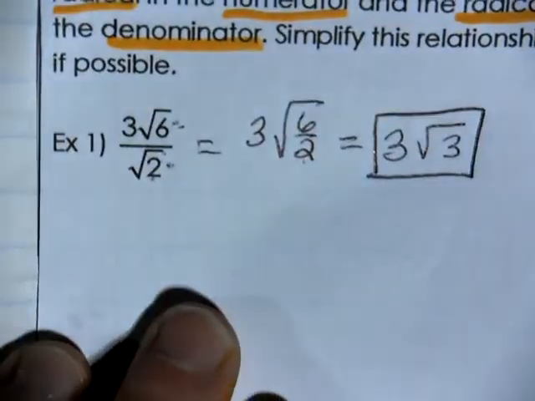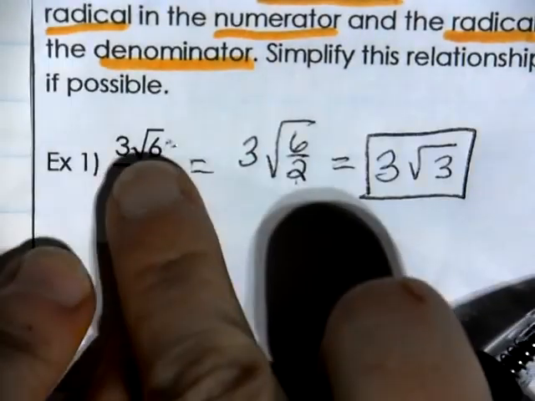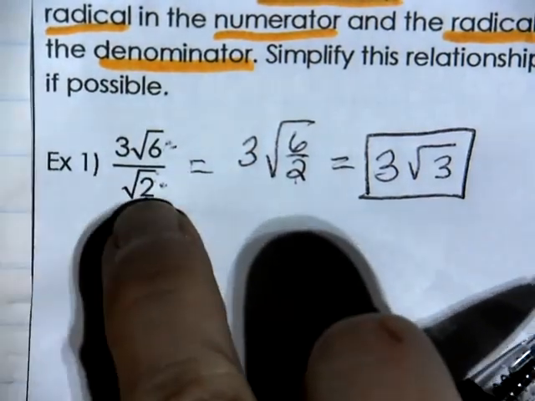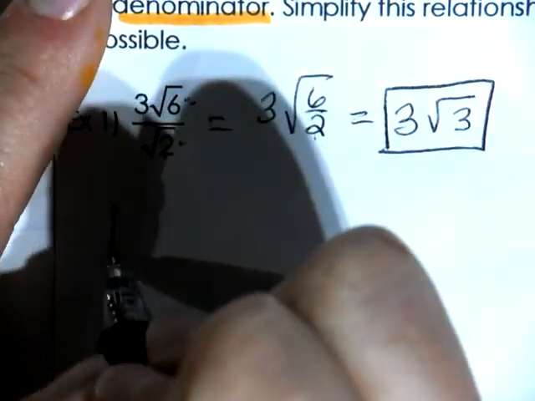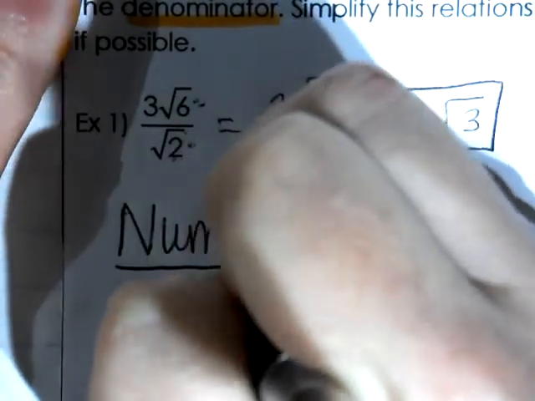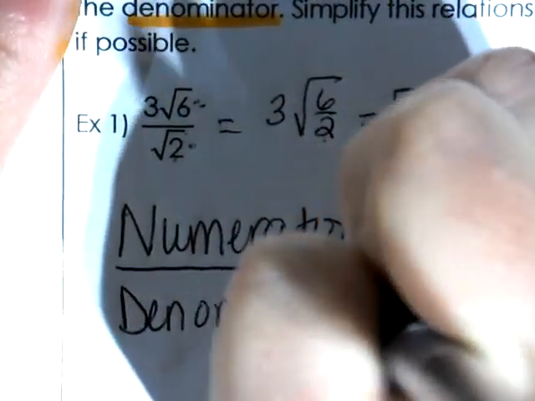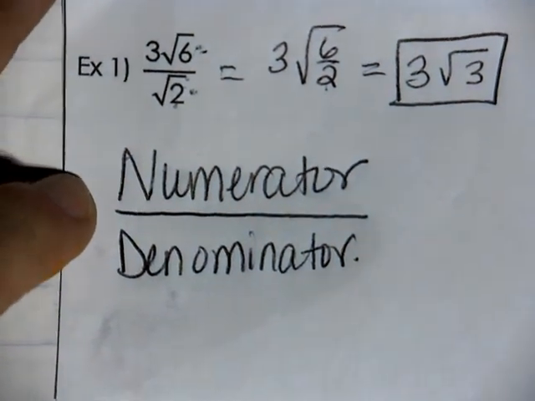And this works if there is a relationship between the number under the radical in the numerator and the radical in the denominator. I'm going to remind you guys that in fractions, the top is called the numerator, and the bottom is called the denominator. You probably already knew that, but this was just a friendly reminder.